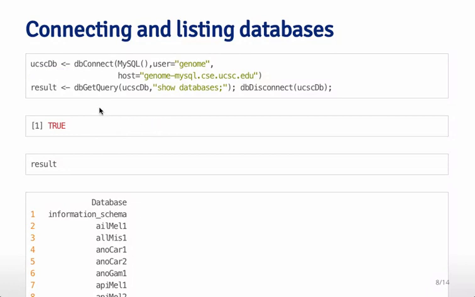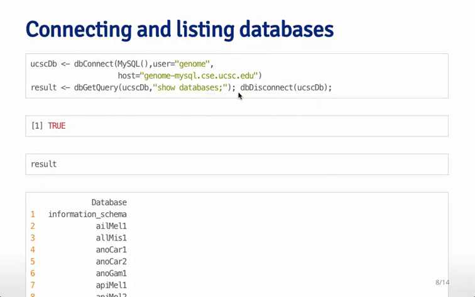And then what you can do is actually apply a query to that database. So you can use the dbGetQuery command. What that does is it'll go to the connection, in this case the connection to this database, and it'll run this MySQL command. So this actually isn't an R command. It's a MySQL command that we're sending to this database through the dbGetQuery function.